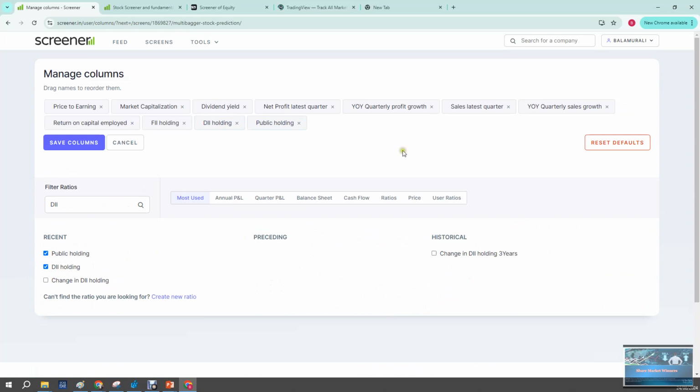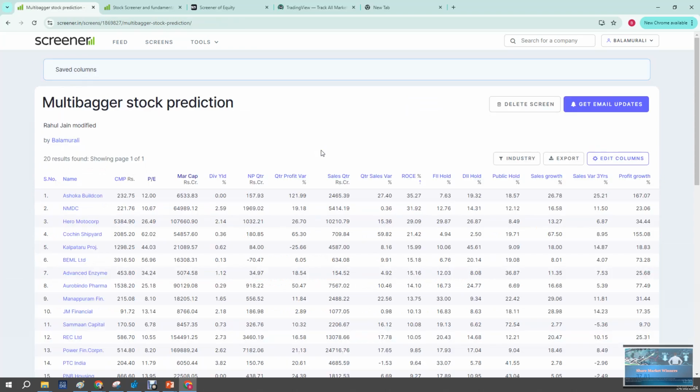And Bala, one quick question here. If you see the last 3 to 4 months, if FIIs are just selling, they are not buying. In that case, how do we consider that part? You mean whether they are selling the stock or not?